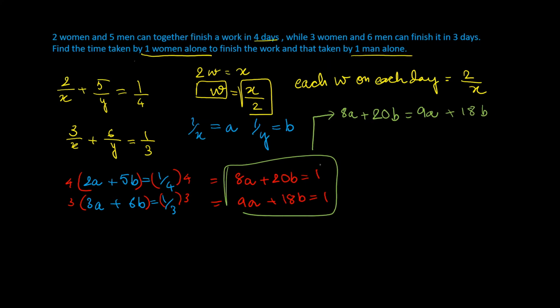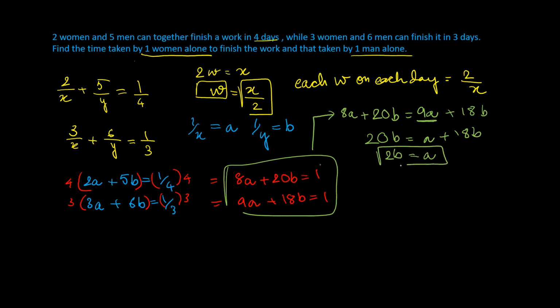Now when I interchange, I take the 8a there, so I get 20b. When I take the 8a over there, it gets subtracted, and when I subtract 8a from 9a, I'm left with a, and I have plus 18b. Taking plus 18b to that side, it will subtract, and 18b from 20b is going to be 2b. So that's 2b equals a.